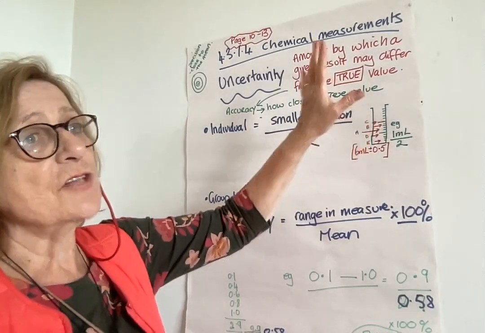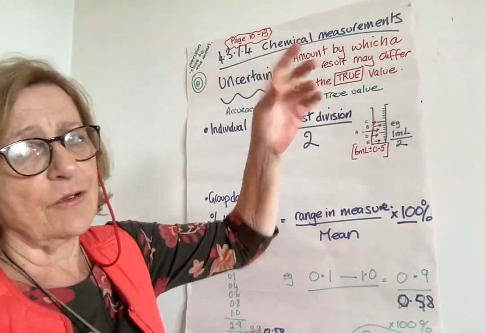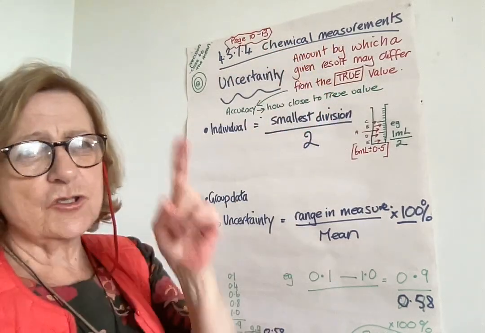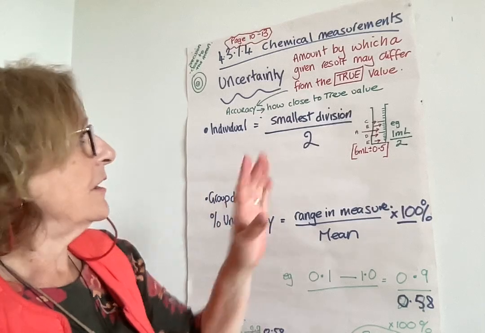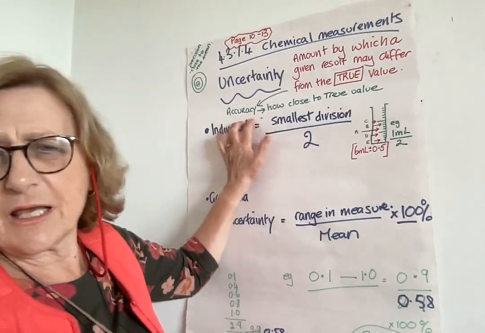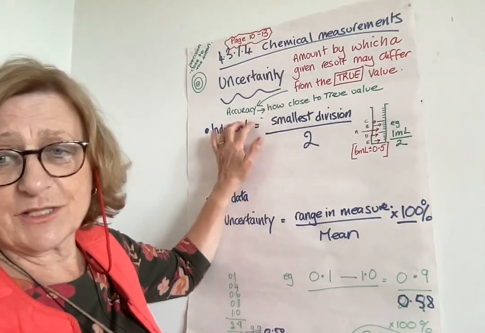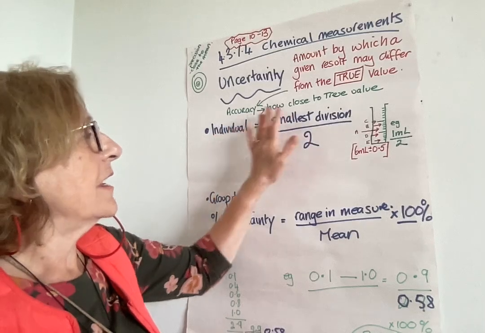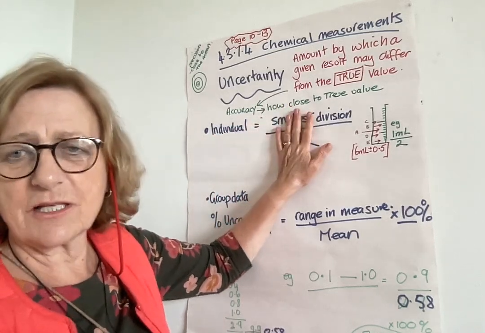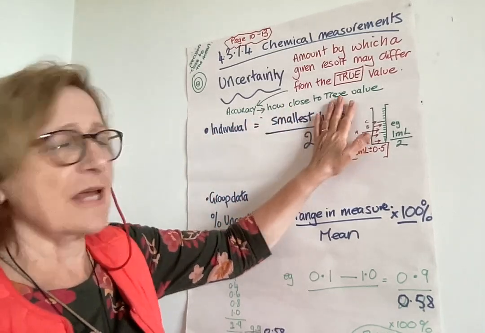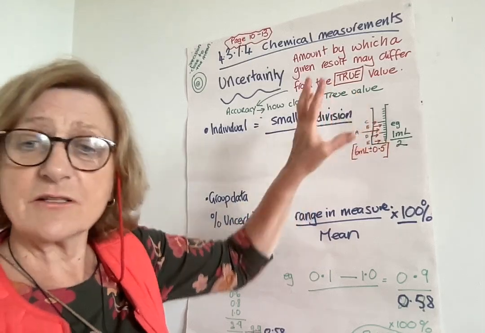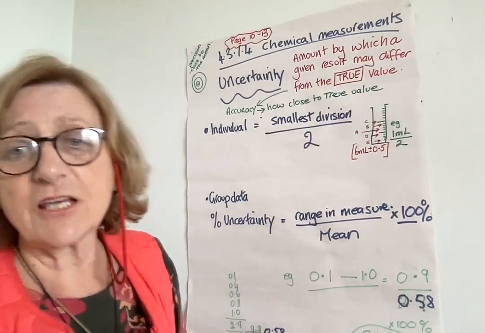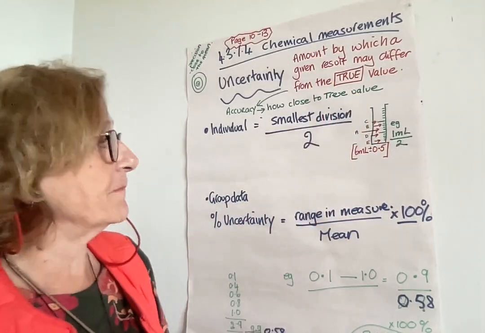All right, so how much it differs from the true value. Just that definition should have joggled your memory, okay? Because if you remember the word from the syllabus, accuracy actually means how close your measurement is to that true value. So when we look at uncertainty, it is a measure of the accuracy of our results, okay?